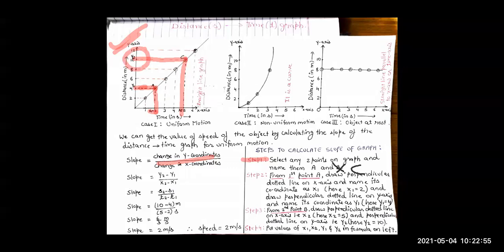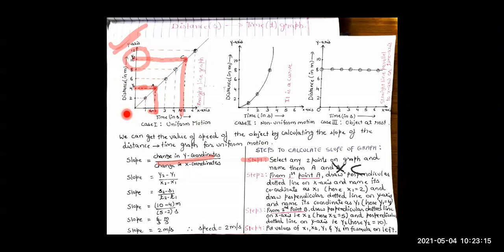Okay children. Now, change in y coordinate means how much change is happening in y. What is the change in the value of y? Here we got two values of y, y2 and y1, and two values of x also, x2 and x1.